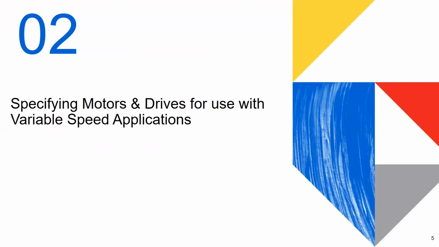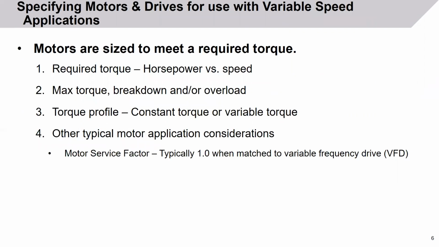Specifying motors and drives for use with variable speed applications. First, let's talk about the motors. Motors are sized to meet a required torque. The required torque is how much it needs to drive a load and is a function of horsepower versus the speed.